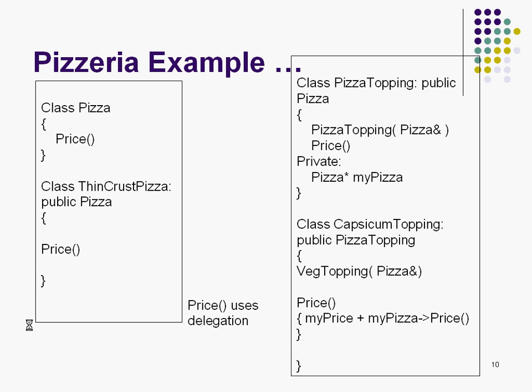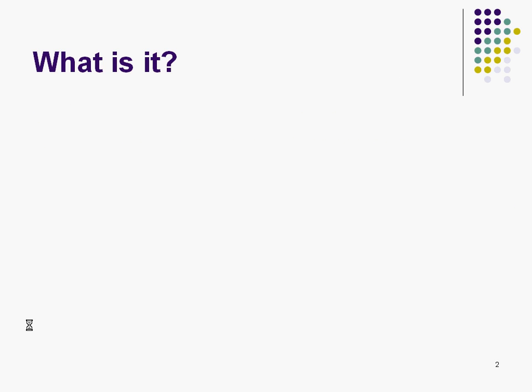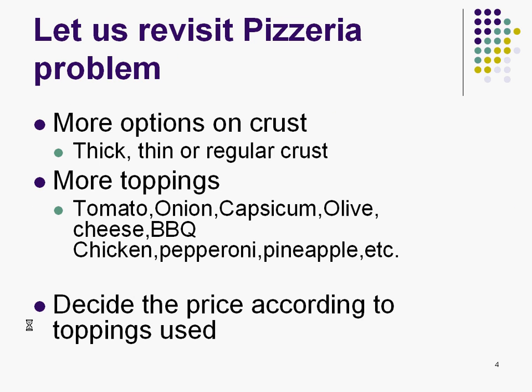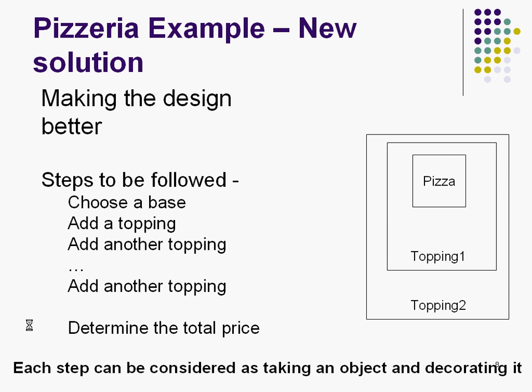So this is the sample code. I'm just explaining only the relevant portions. So we had a class pizza. There's this one method price, which is the common interface, because everything is being derived from the pizza.